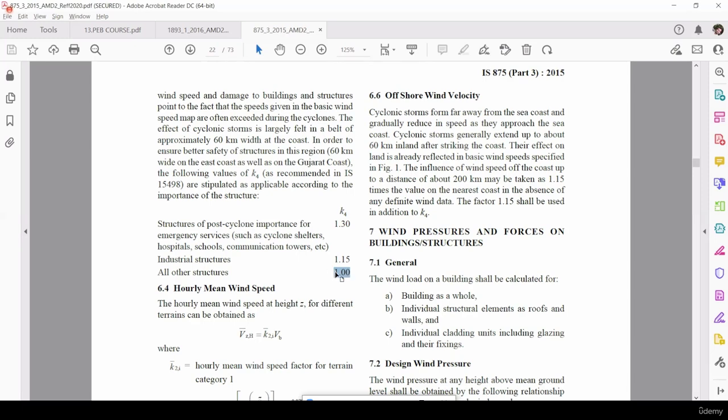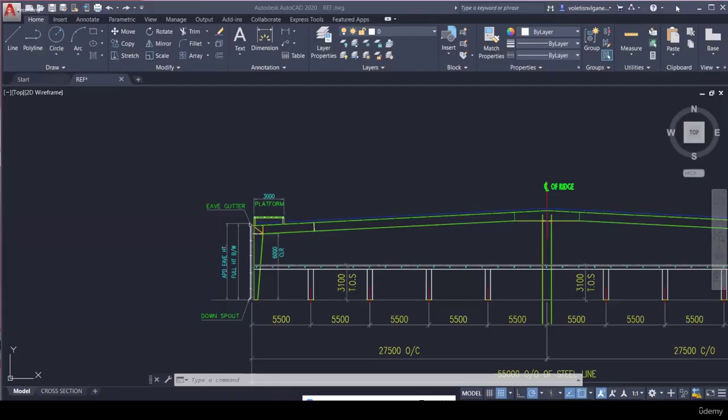So 1 plus 1.15, 2.15 you have to take, right? K4 is 1.15 here. In order to impart coastal importance, we have to add this 1.15 to the regular K4 value. K5 you cannot take 1.15. No, K4 itself only is 2.15.